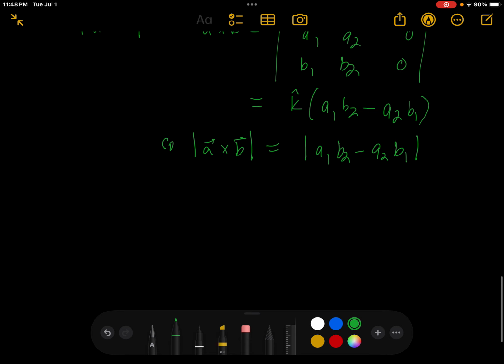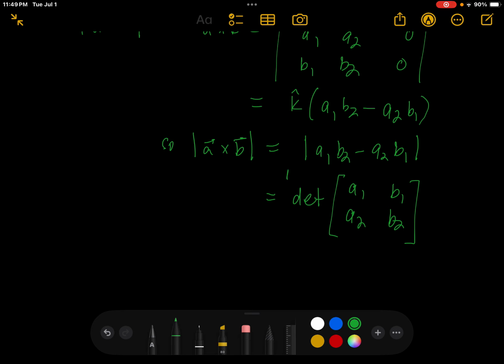So that's the determinant of this matrix, where the columns are the vectors A and B. So this 2 by 2 determinant is the same as the area of the parallelogram. Well, it's the absolute value of the determinant.